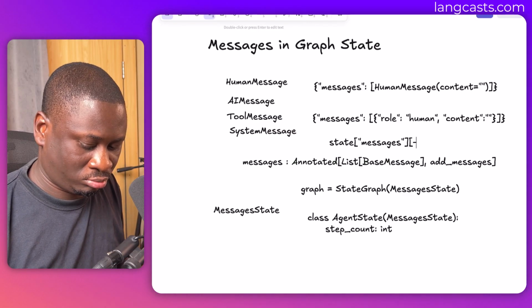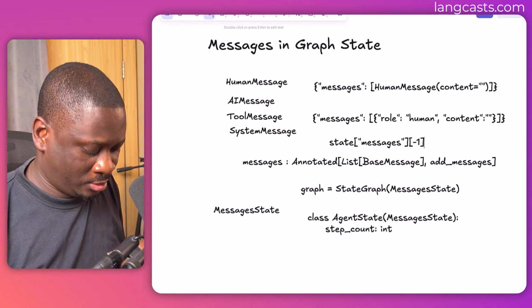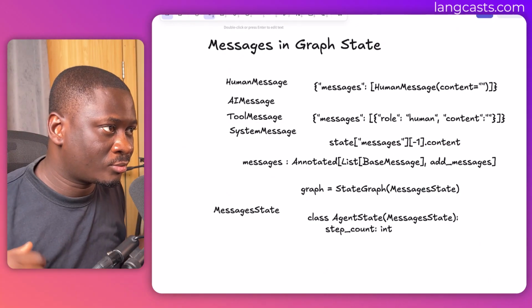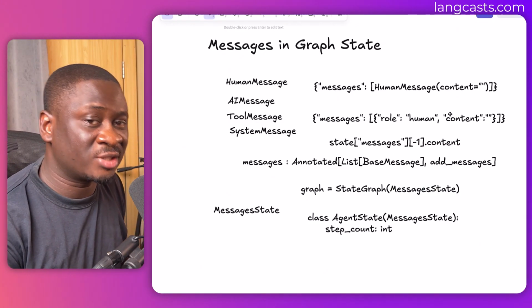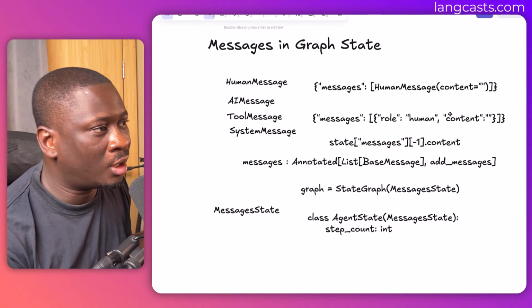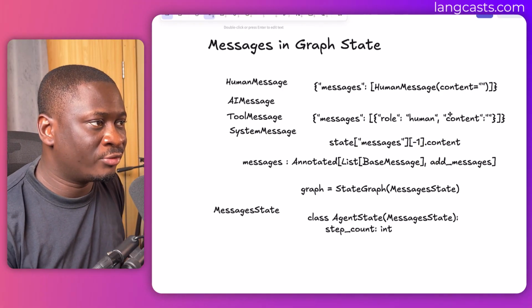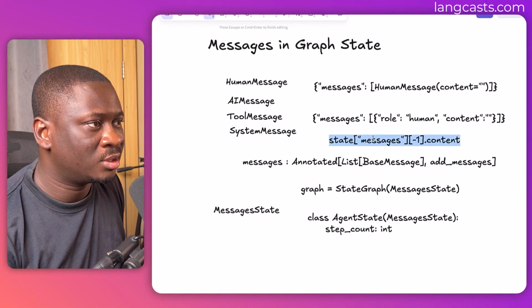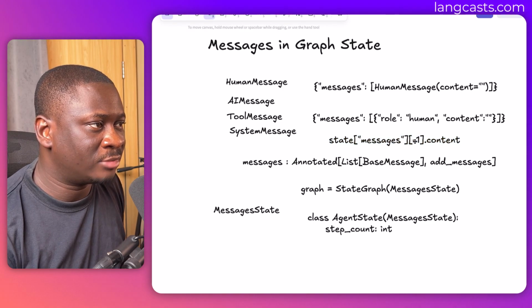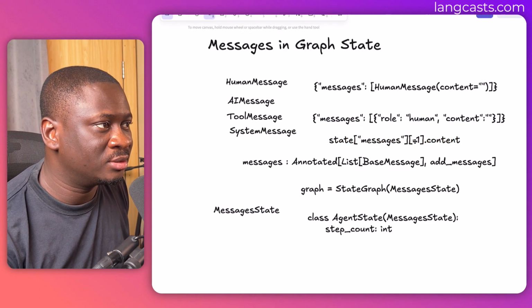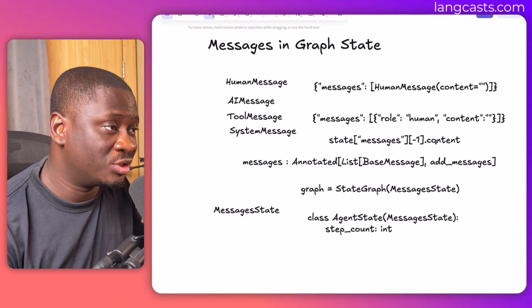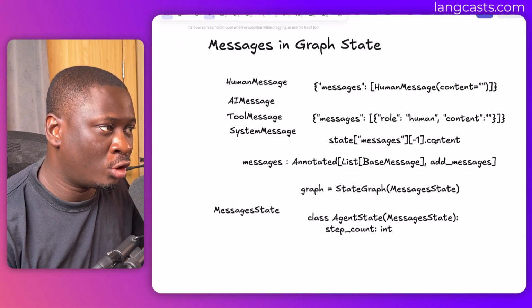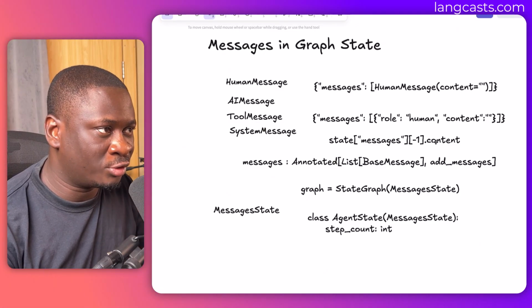I say -1 and dot content, because content is what gives you the textual representation of your message. So if you want to access your state message, you get the messages key, then -1 and dot content, to give you the string representation of your actual message.